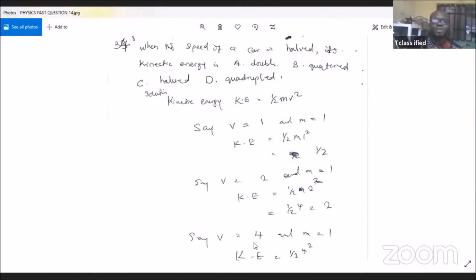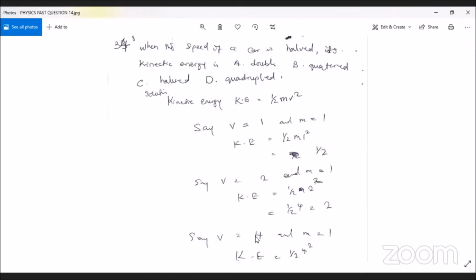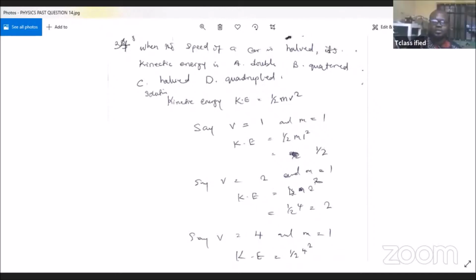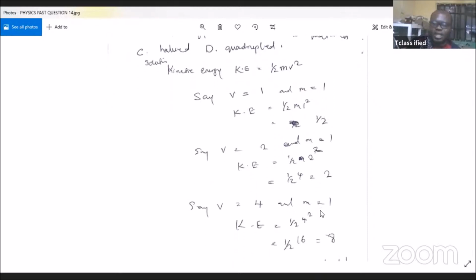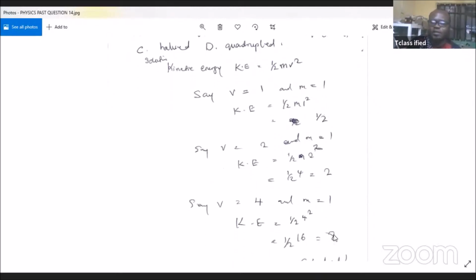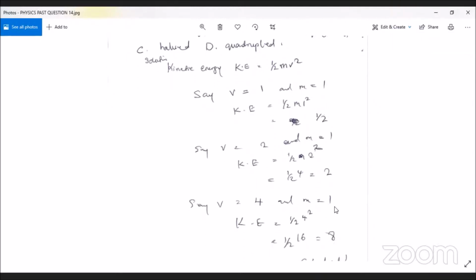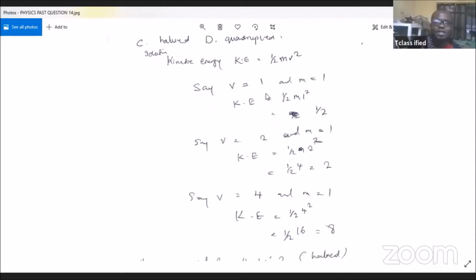Okay. So if the speed of the car goes from 4 to 2, from our solving, you see that the KE is going from 8 to 2. If the speed of the car goes from 2 to 1, you will see that the KE is moving from 2 to half.